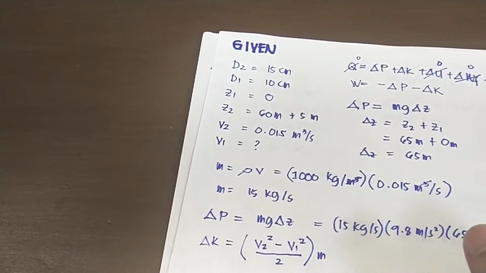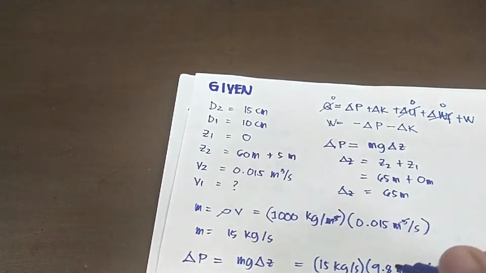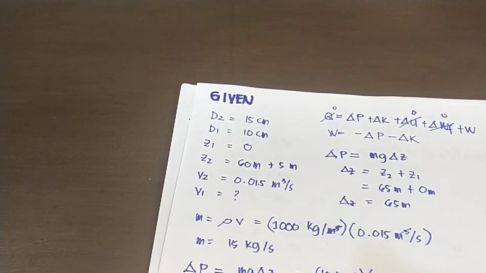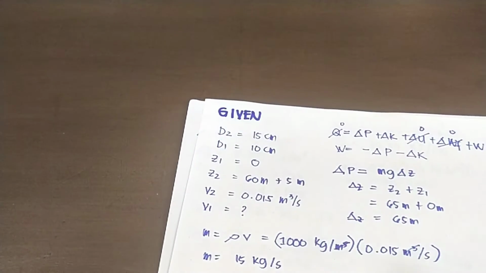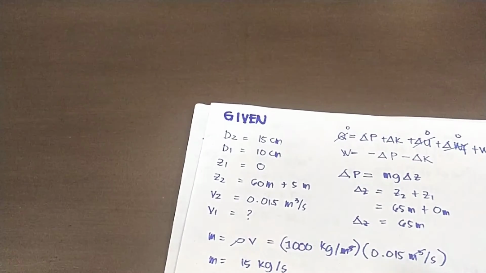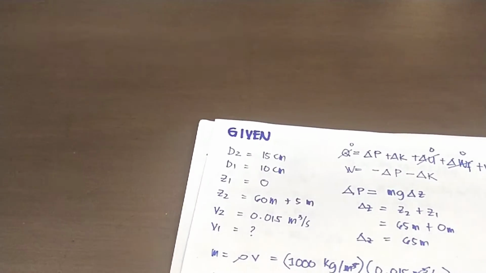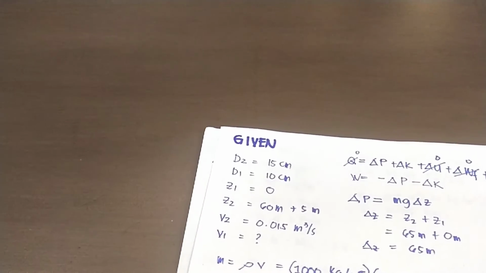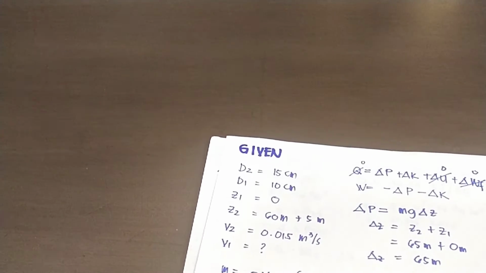We converted D1 into meters, so 0.10 squared all over 4, and the result of our V1 is equal to 1.910 meters per second.